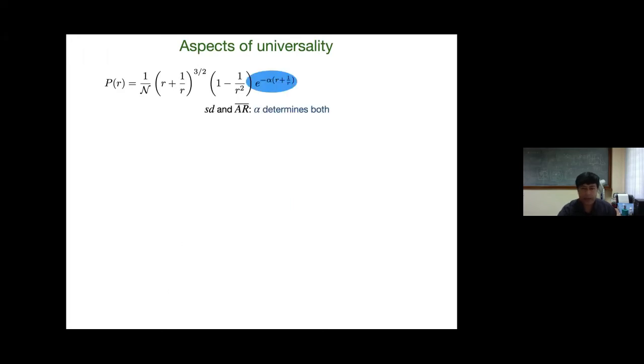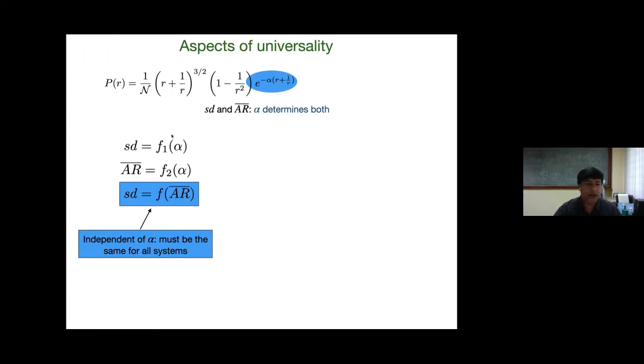The next aspect is that this distribution function is given by a single parameter alpha. So both the standard deviation and the average aspect ratio are determined by the same parameter alpha. So we can write down the analytical expression. The standard deviation is a function of alpha, and the average aspect ratio is another function of alpha. From these two equations, we can write a parametric equation with the SD given as a function of the average aspect ratio.